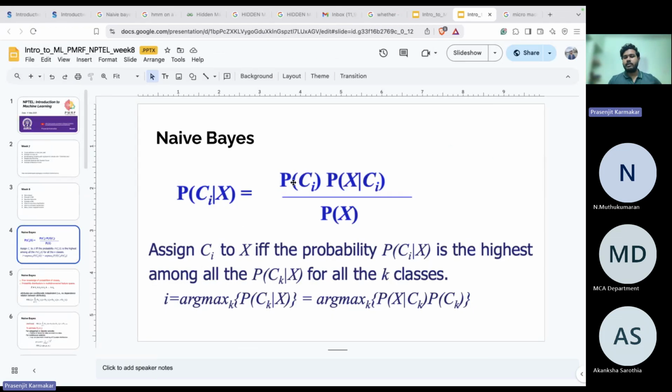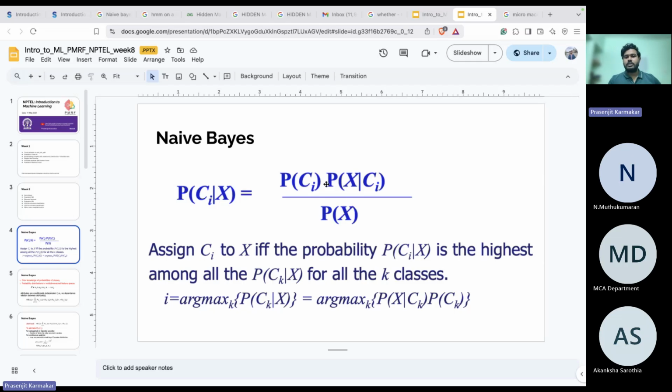This is class probability, P of Ci. Then we have the likelihood: what is the probability of a particular feature given a particular class? Then we have the evidence of that particular feature, or a set of features. X is a set of features.